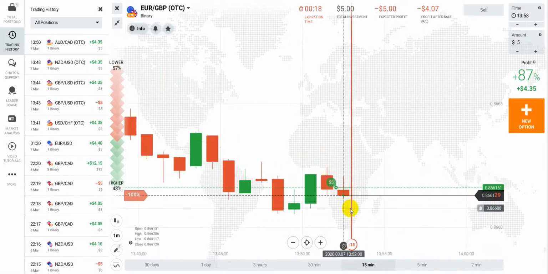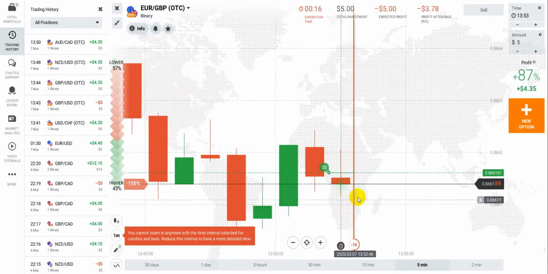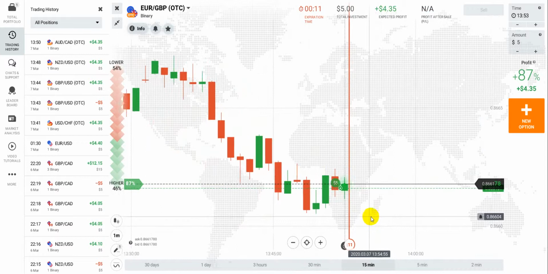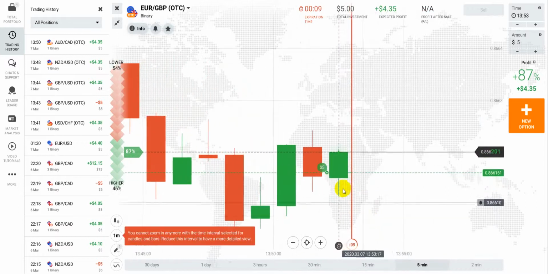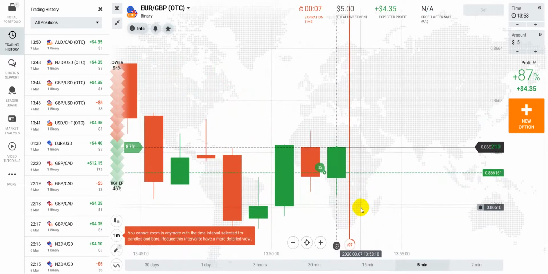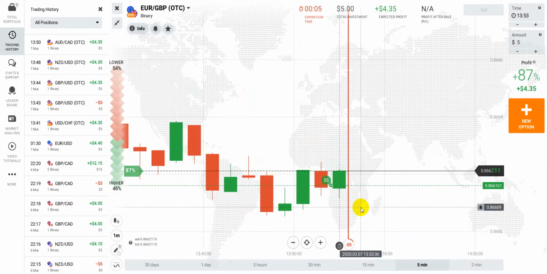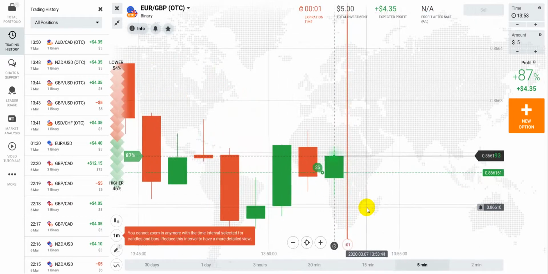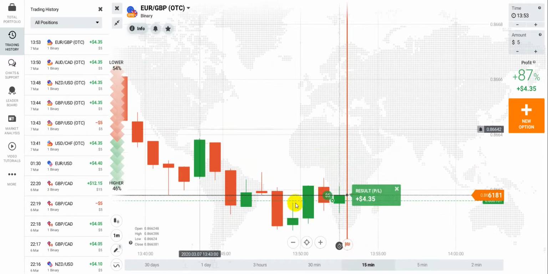The market goes up but again goes down because of this bearish downtrend. No problem, my analysis is correct. So I win this trade.